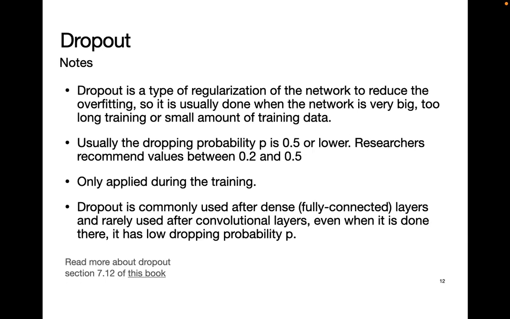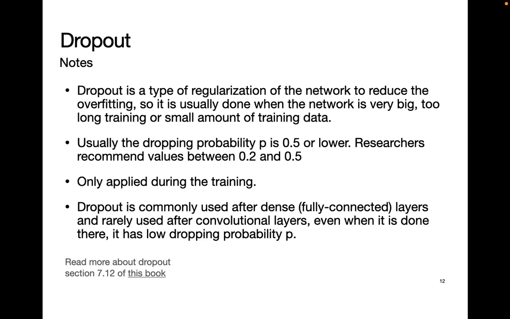The last thing to note, for your notes: Dropout is commonly used after dense layers. If you have a neural network with convolutional layers, in general we apply Dropout only in the dense layers because we have a lot of connections there, and those are the layers that are more prone to overfitting.